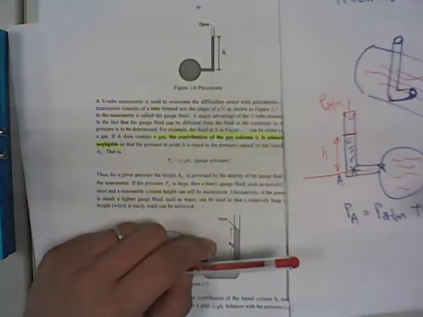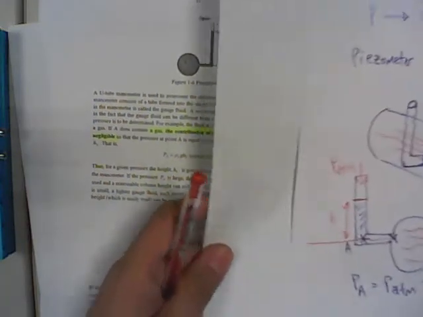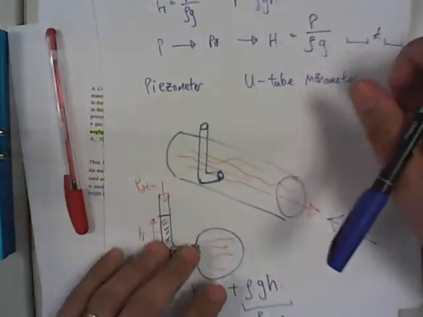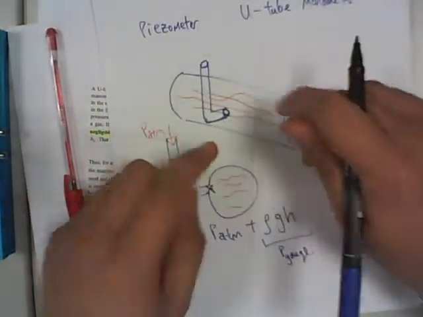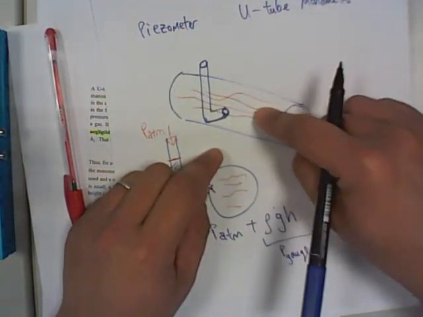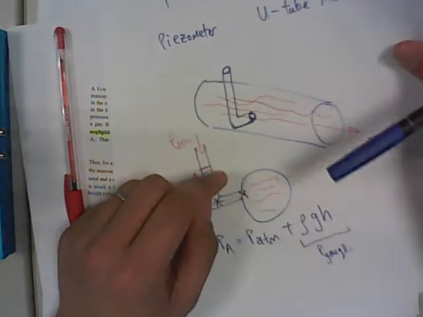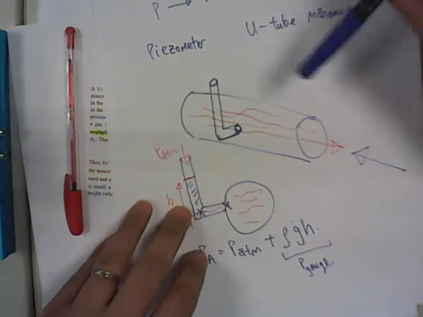That's what it's trying to say. So this is the piezometer, and it simply uses the existing fluid inside the pipe. It is different from a U-tube manometer in this way.